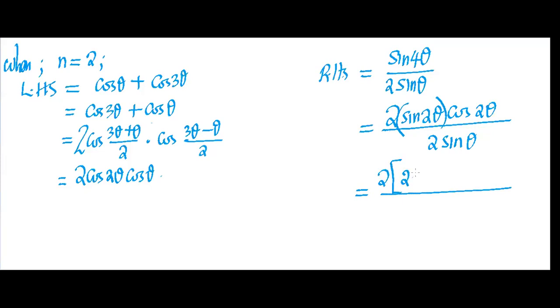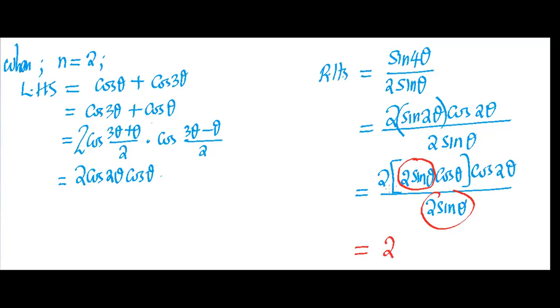You will get 2 sine theta cos theta, multiplying cos 2 theta, then down here 2 sine theta. So the 2 sine theta cancels out, and you get cos 2 theta multiplying cos theta.